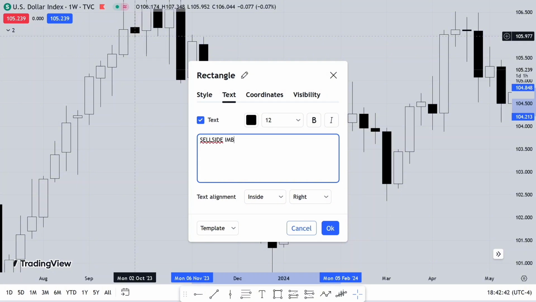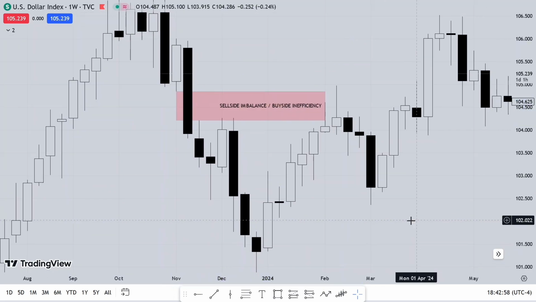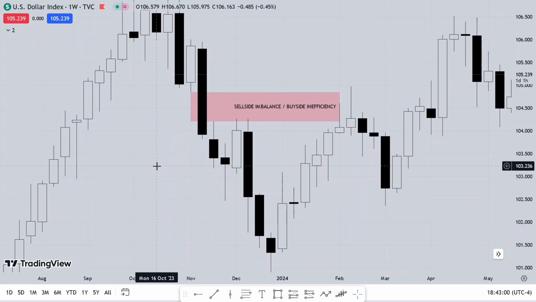Sell side imbalance, buy side inefficiency. So for a CB, everything we just talked about for the BC, you inverse that.